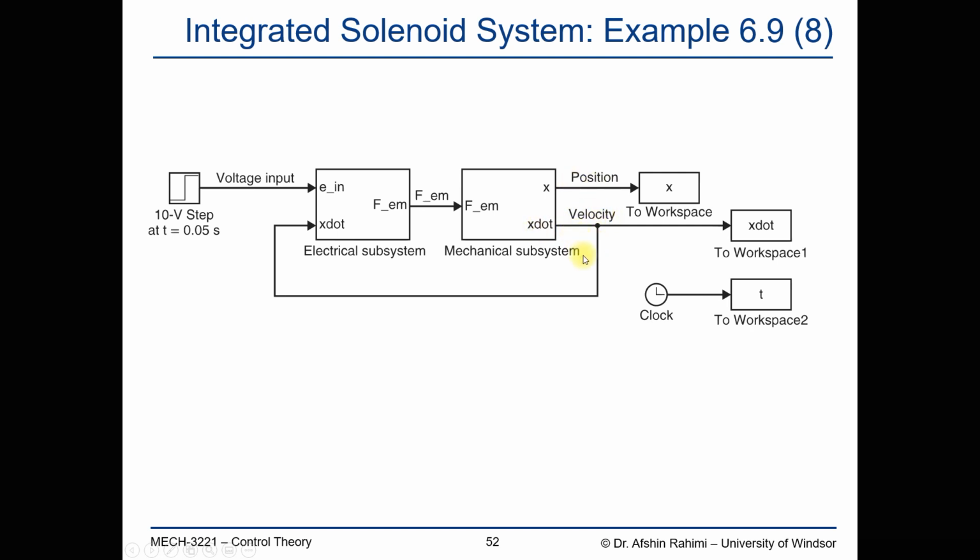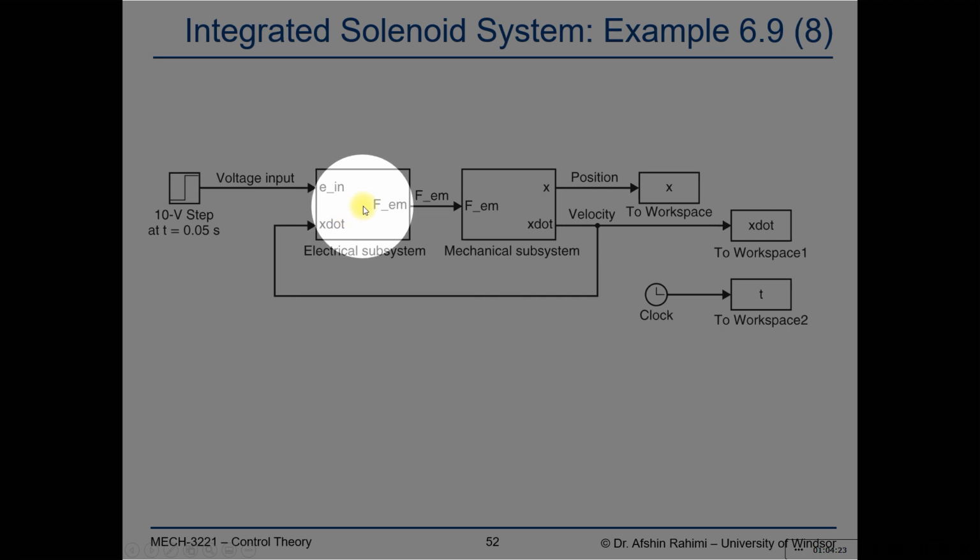The velocity, or x dot, has to go back to the electrical subsystem as input, and this loop continues so that we get the output, position and velocity, for this system. And we can also get i, which is the current in the electrical subsystem, as an output as well, if we wish.